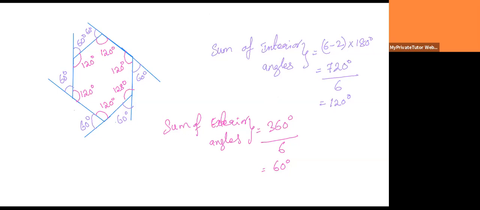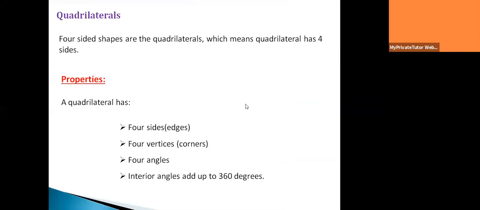So then let's move to quadrilaterals. That's our topic today. Quadrilaterals are four-sided shapes, which means they have 4 sides and 4 angles.